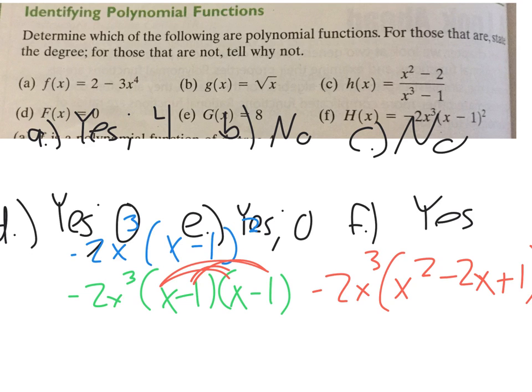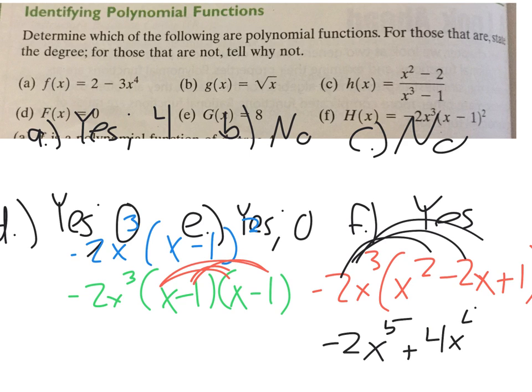Okay, right here. All right, this one's an easier one because the term on the outside is a monomial. Negative 2x to the third times x to the second is negative 2x to the fifth. Negative 2x to the third times negative 2x is positive 4x to the fourth.